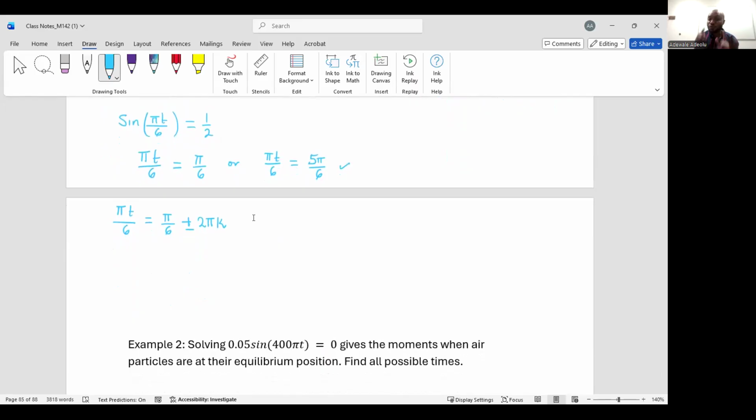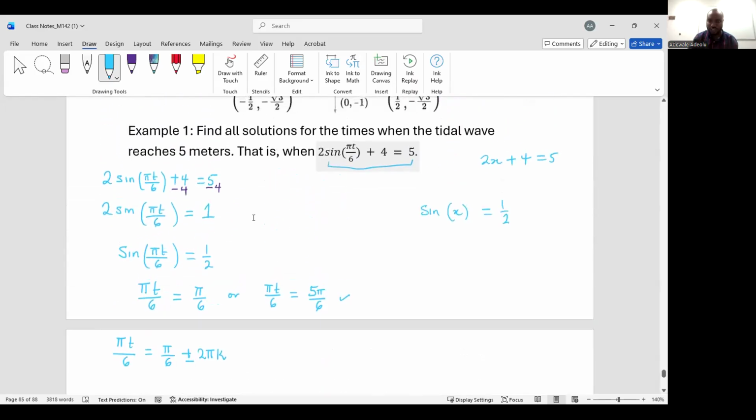Now, if our question is saying we should look for our answer in this region, 0 less than or equal to t less than or equal to, let's see, say our answer, we just want our answer to be here, because that is angle.